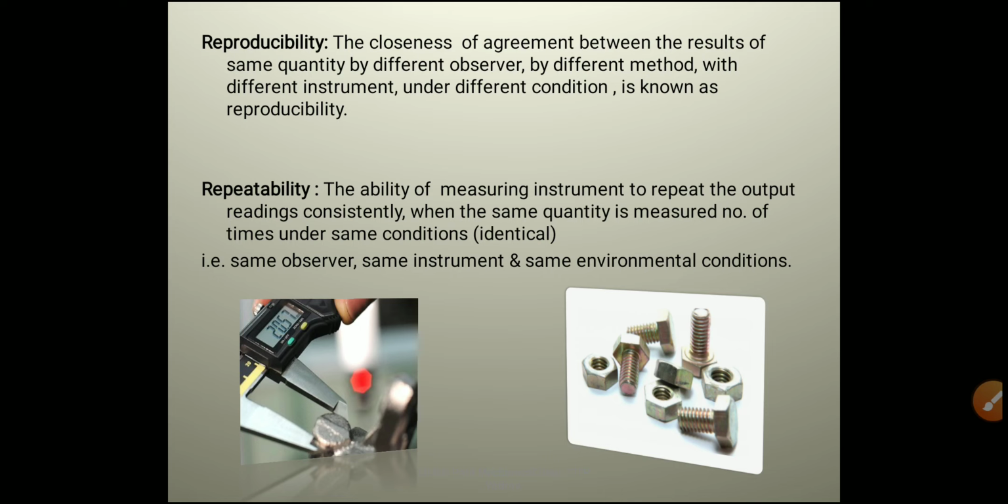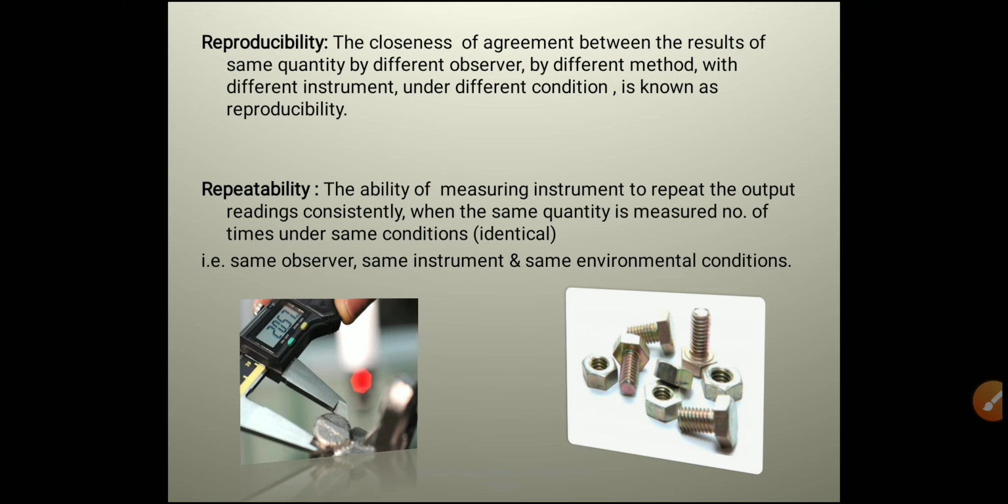Let us see the next characteristic of a measuring instrument, reproducibility. As the name indicates, every measuring instrument should possess reproducibility characteristics. The definition of reproducibility: the closeness of agreement between the results of the same quantity measured by different observers, by different methods, with different instruments, under different conditions.